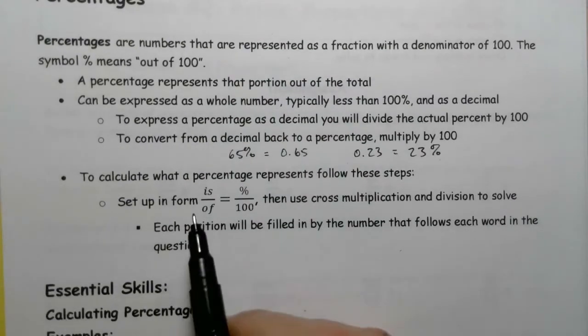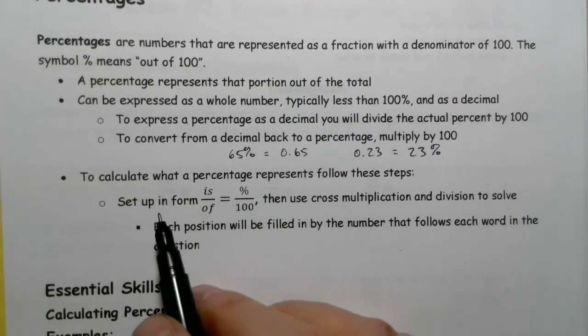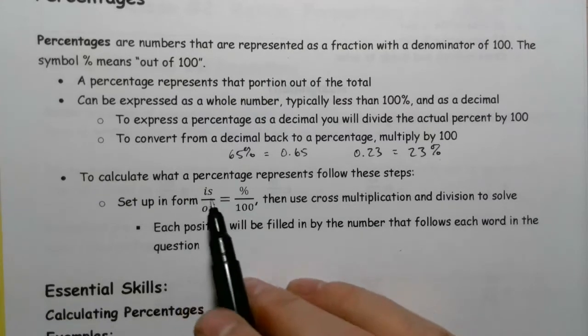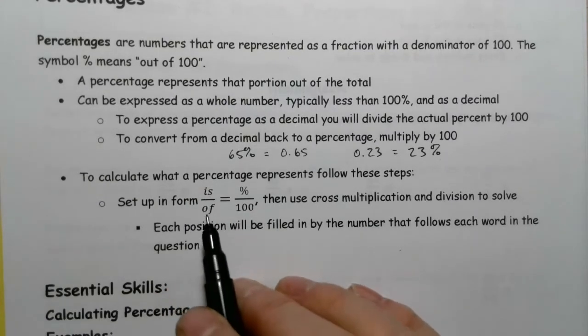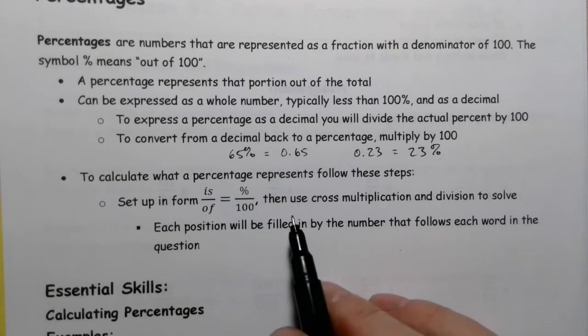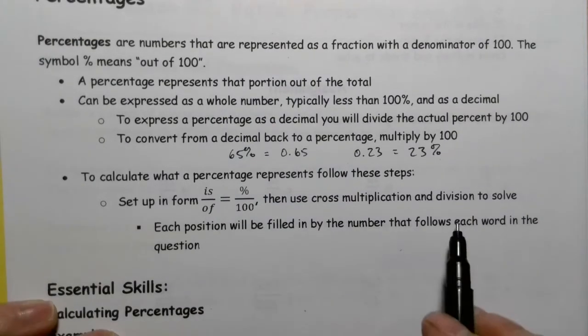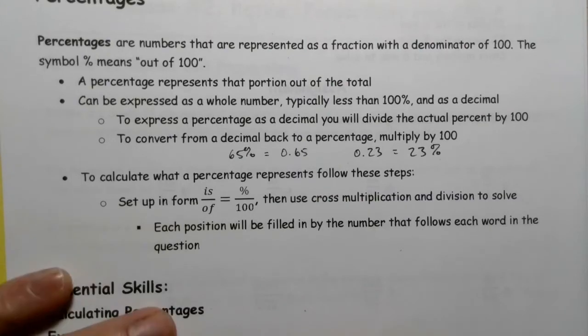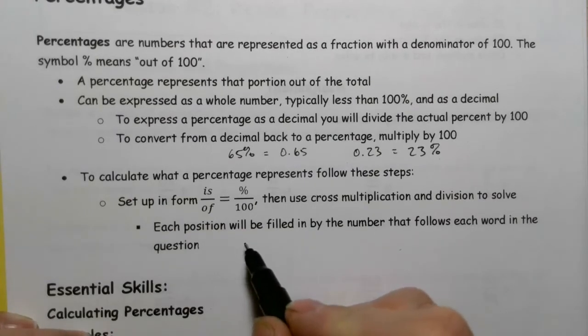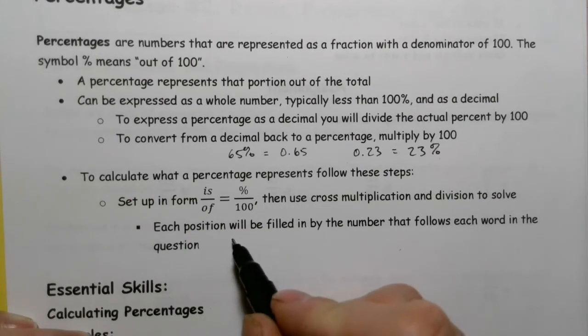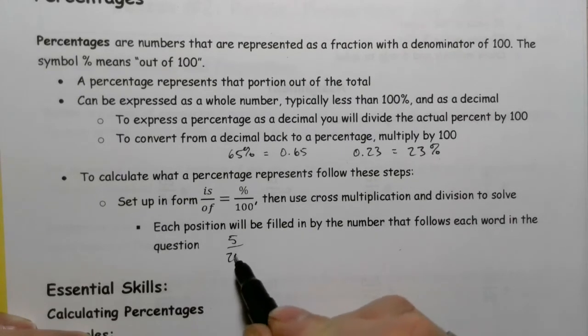Now, if you want to calculate a percentage, this is what you would do. You have however much you've got out of whatever the total is. Then you use cross multiplication and division to solve. For example, let's say 5 out of 20.